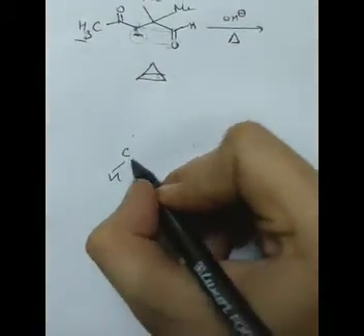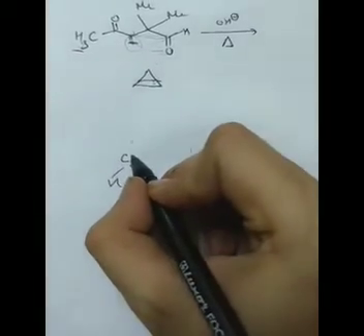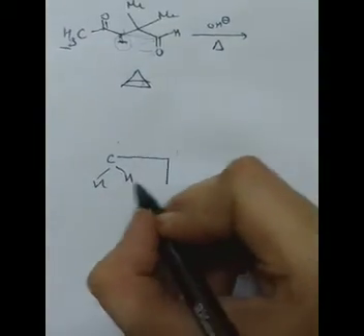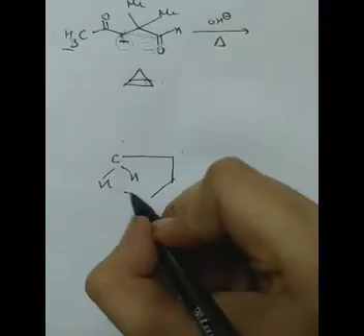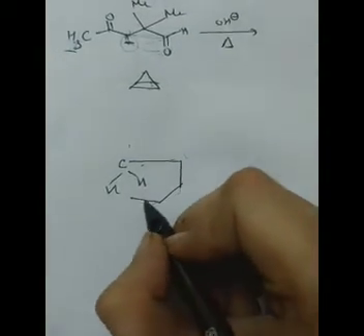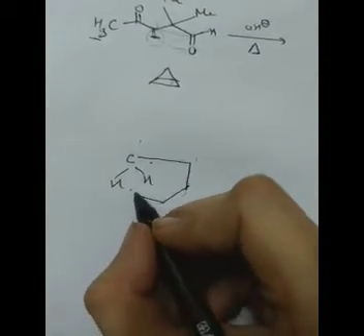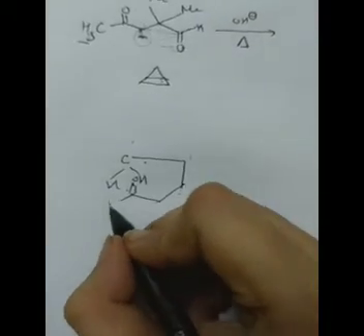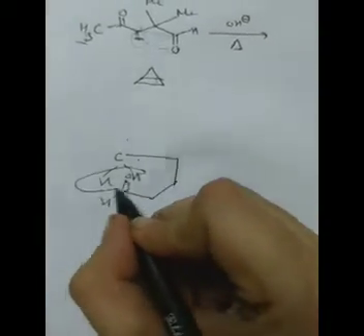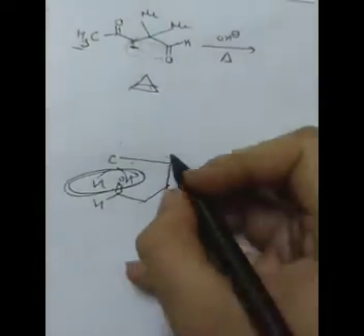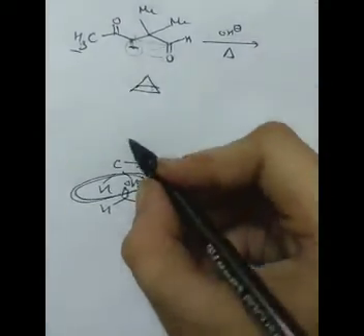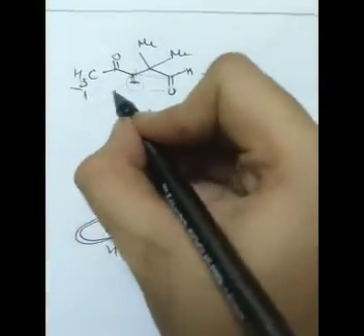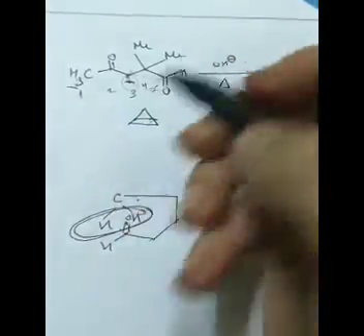Just make a 5-membered ring. 5, right? 1, 2, 3, 4, 5, right? So face the aldehyde here. The water is removed from here. And let me just mark these. 1, 2, 3, 4, 5, right?